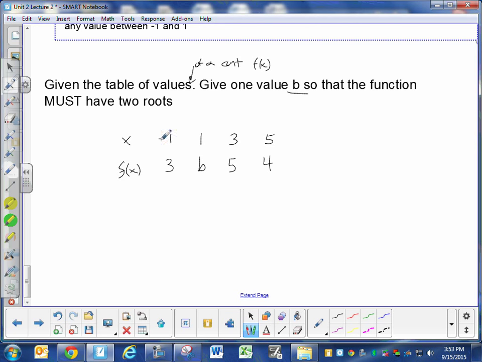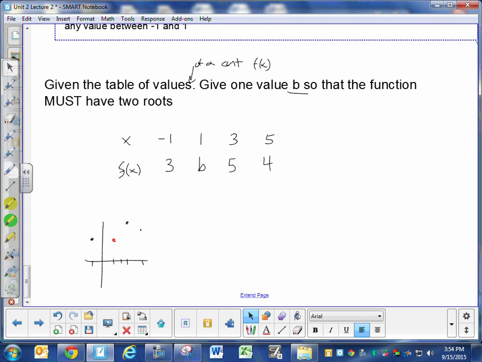Okay, so I have a bunch of points, but what does b have to be? Well, here's a point (-1, 3). I have that point here. Here's a point (3, 5). Here's a point (5, 4), sure. But at 1, I have some point located at b. So maybe b's here. Maybe b's up here.